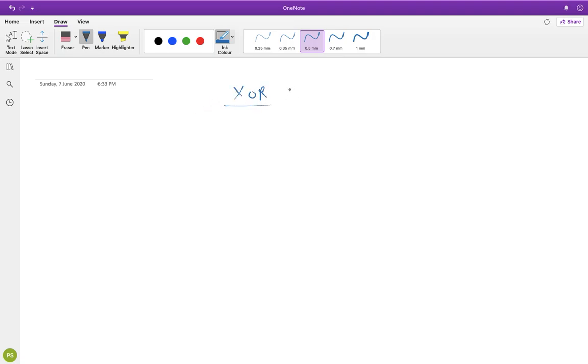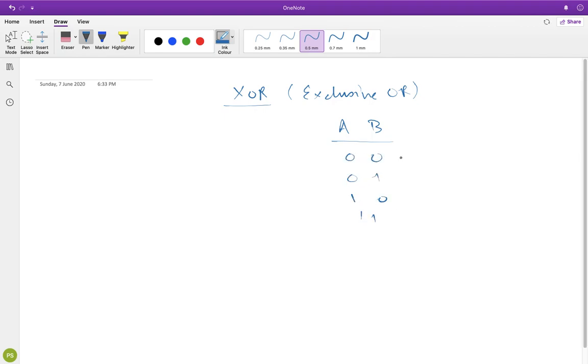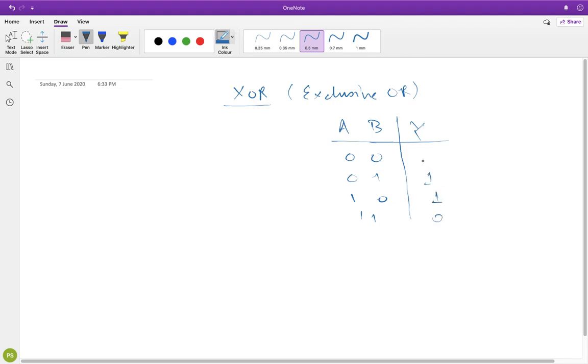XOR is also known as exclusive OR, and if we have two binary inputs A and B, that is if we have 0 0, 0 1, 1 0 or 1 1, then we get output y: for 0 1 we get 1, for 1 0 we get 1, and for the others we get 0.